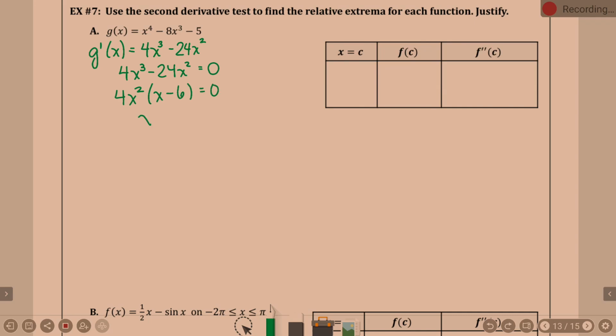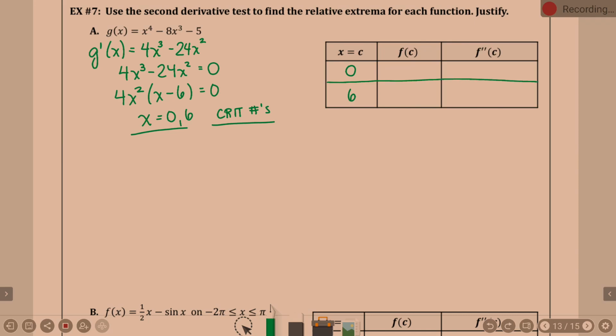Those are my critical numbers, my C values that are going to go right here.